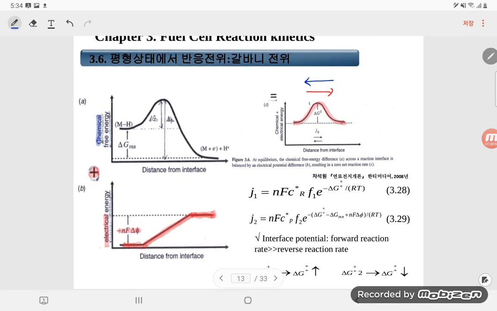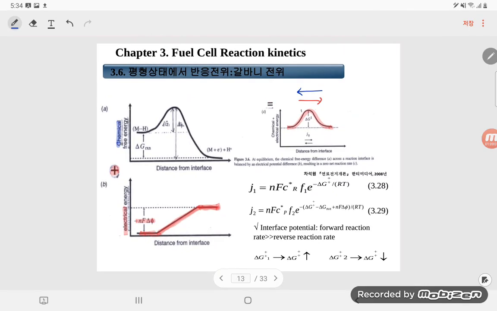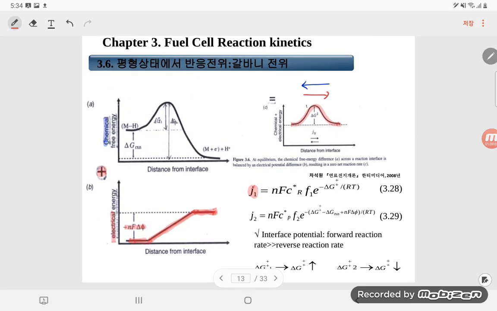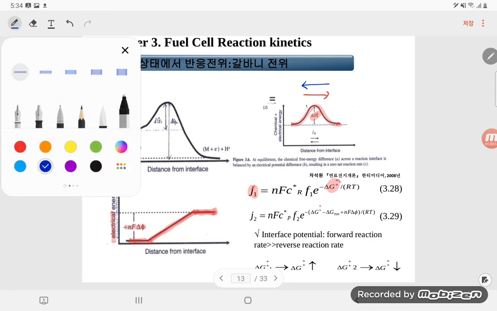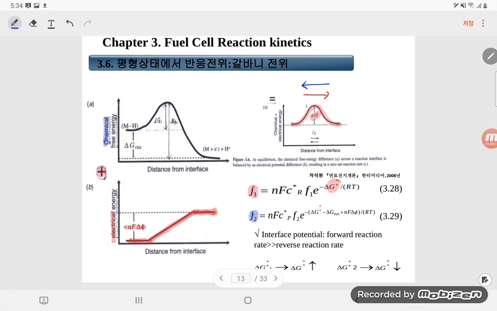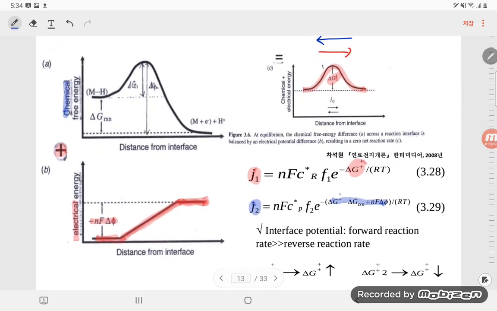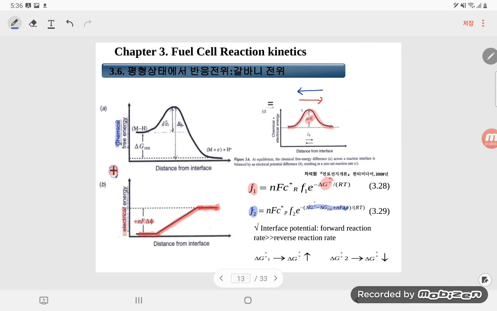So in the equation, J1, the forward reaction, is expressed like this, and this is the activation barrier, right? And the second one is the reverse reaction, and it has the activation barrier like this. Okay, then let's compare the values here.